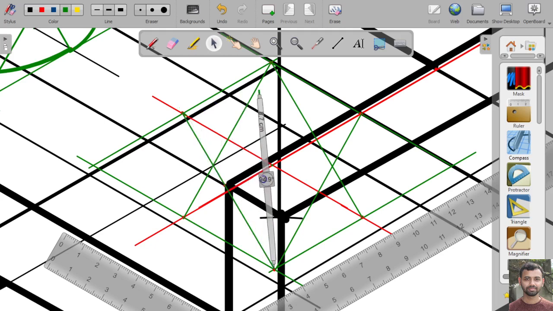Okay, so up to the center point it will move.